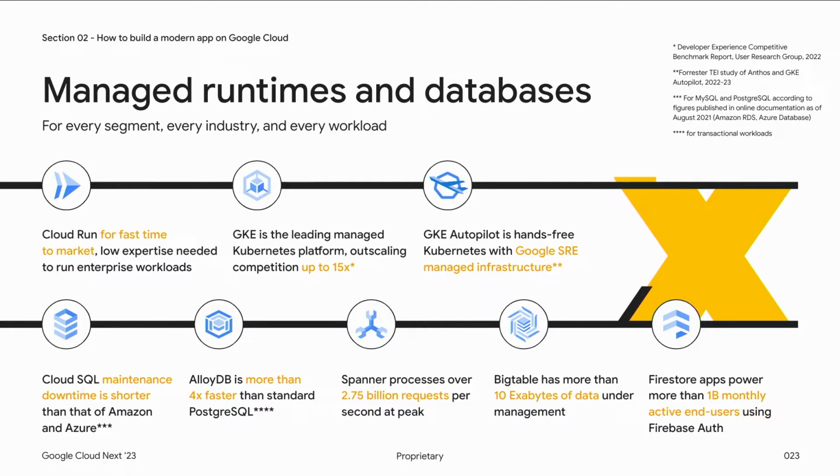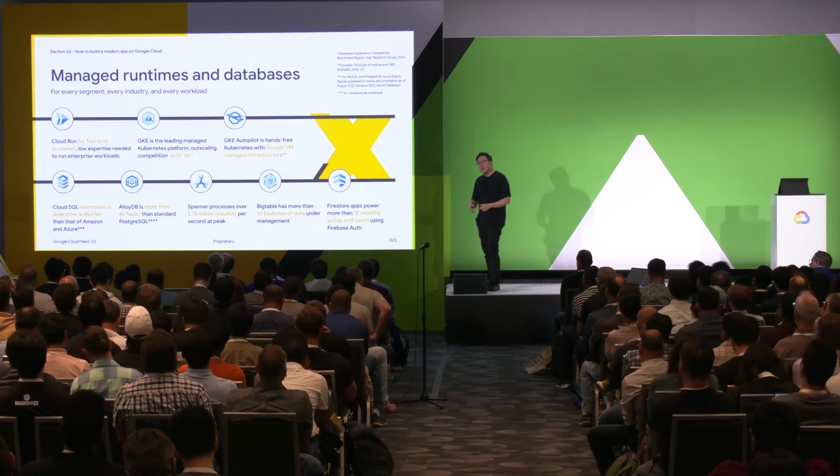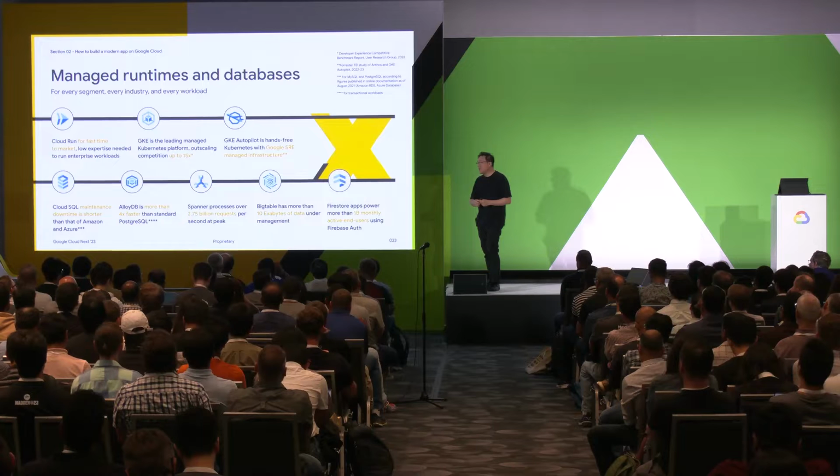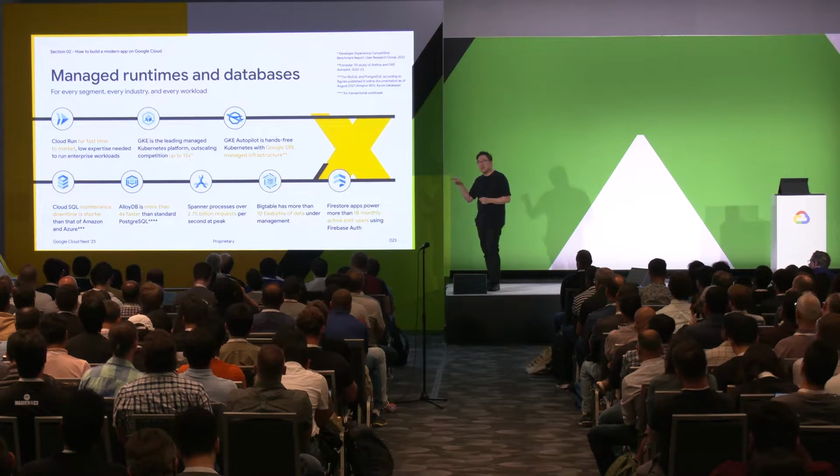It's serverless, it's fully managed, and it's really easy to get started in terms of getting your app up and running. And then later on, if your app requires more configurations, more knobs and controls, you can always move those containers to GKE to get the best of that. And there's also an Autopilot version of that if you want the fully managed version of GKE.